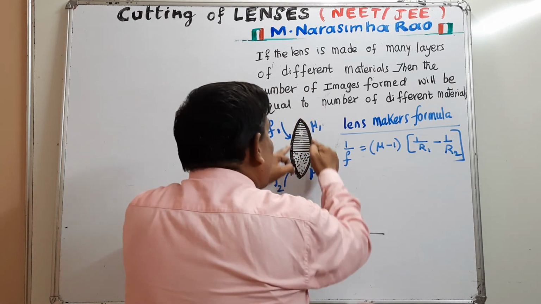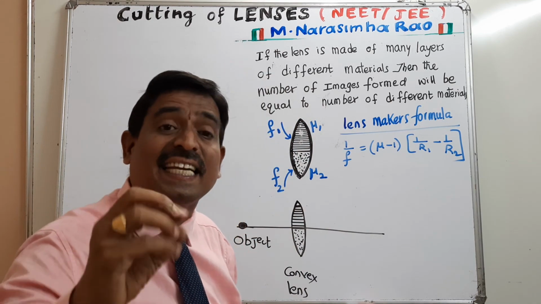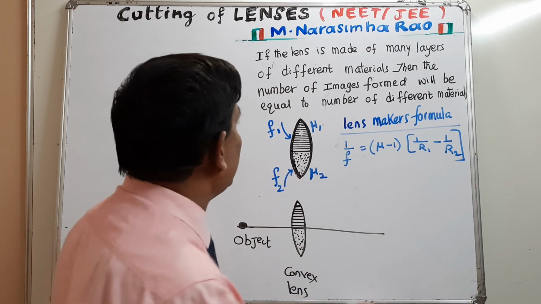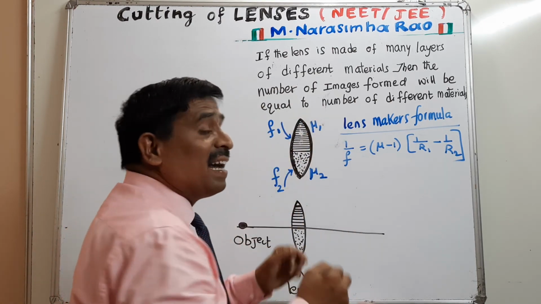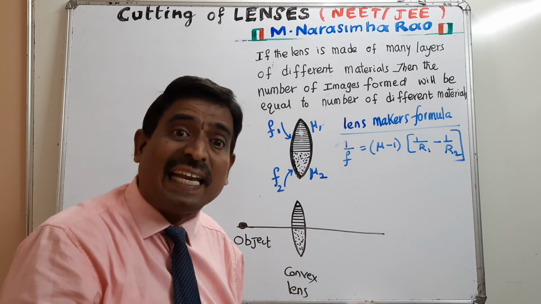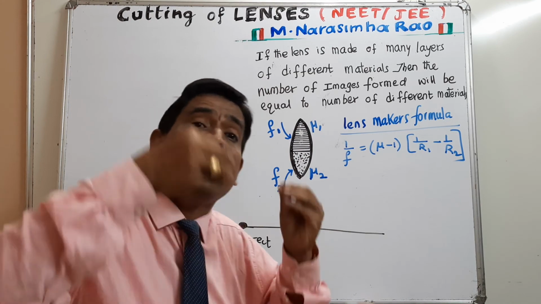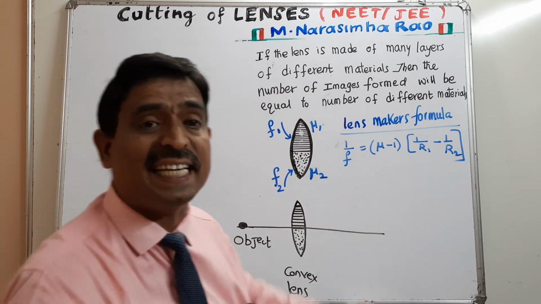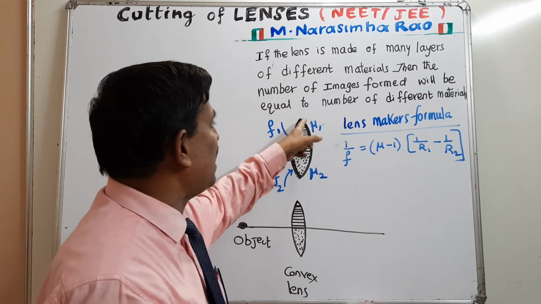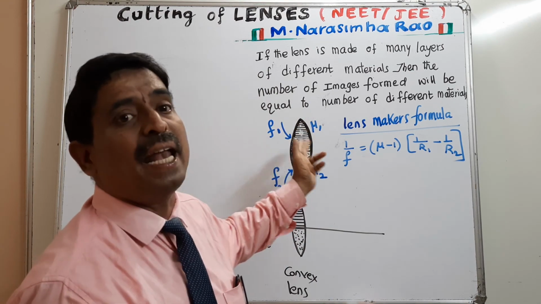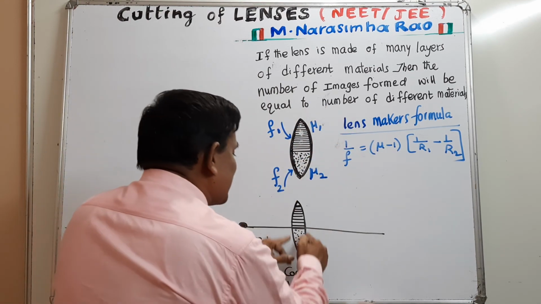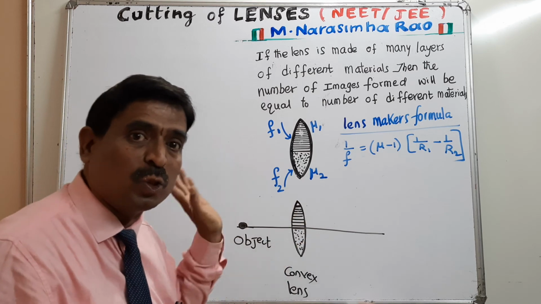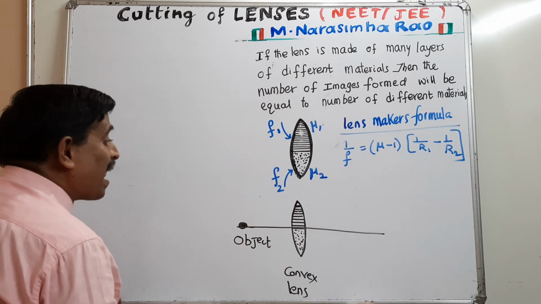If the convex lens contains n different layers of n different materials, then the number of images formed by this convex lens is n. The reason is, we are having one now.